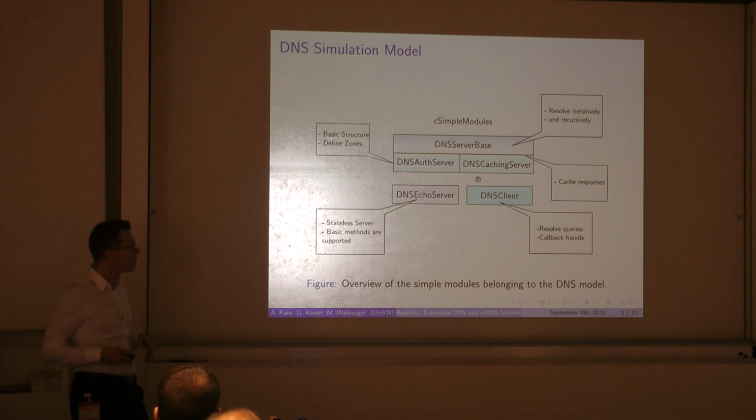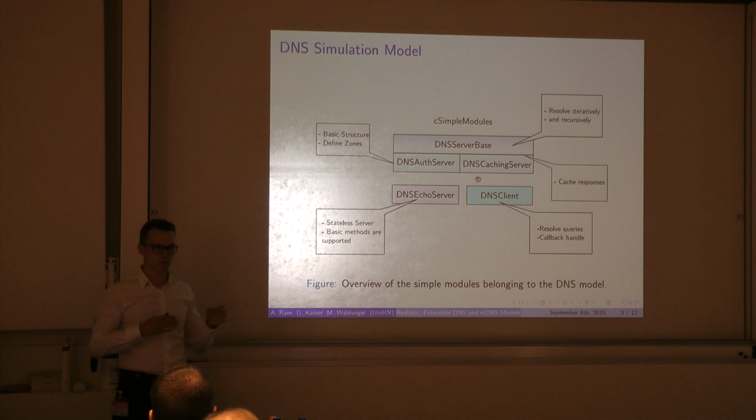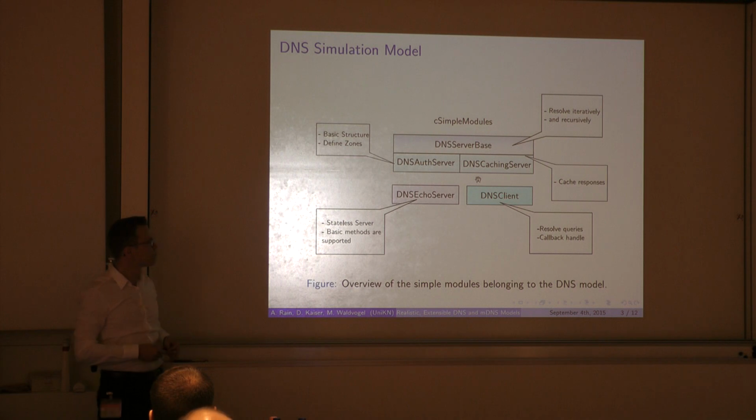The client can create queries and send them to DNS servers, which are specified in the net description. These DNS servers are known to you as the primary and the secondary DNS server, which you can, for example, define on your desktop computer or in a router.